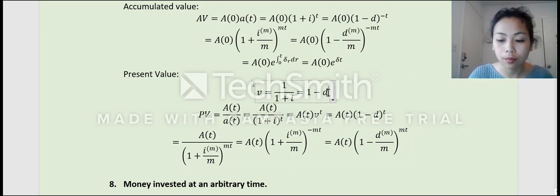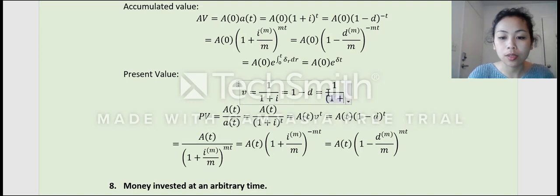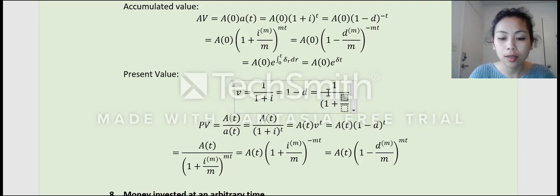By the way, 1 minus d equal to 1 over 1 plus i.